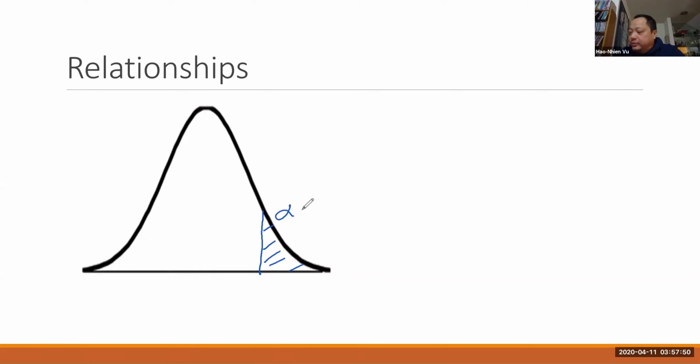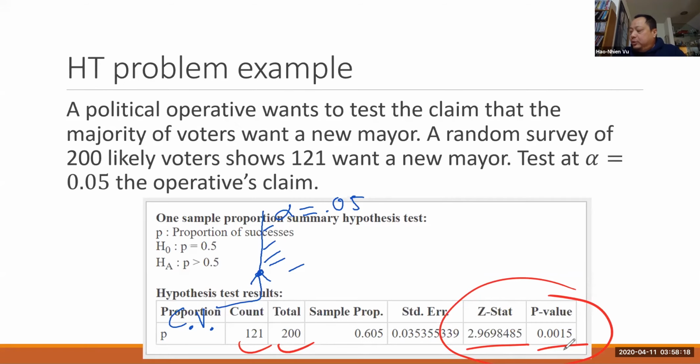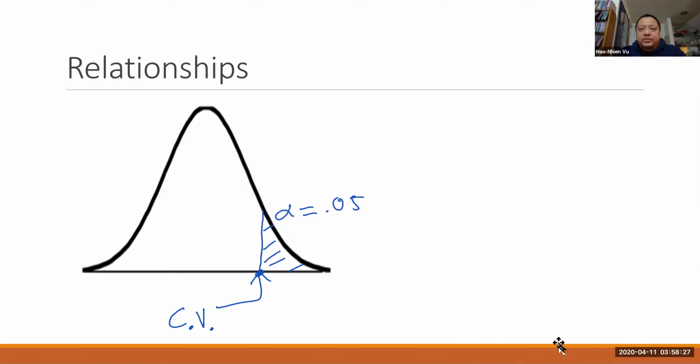So we have alpha equals 0.05. And the cutoff for alpha is called the critical value, which I will just write as CV for now. And now the p-value. The p-value we're given as 0.0015. And check this out, the p-value is compared with alpha, so it must be the same kind of animal. Alpha is an area, so the p-value must be an area.